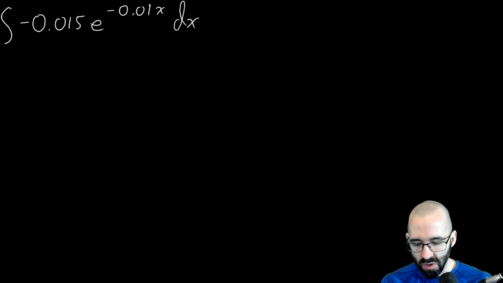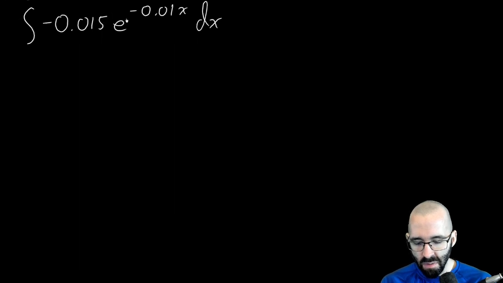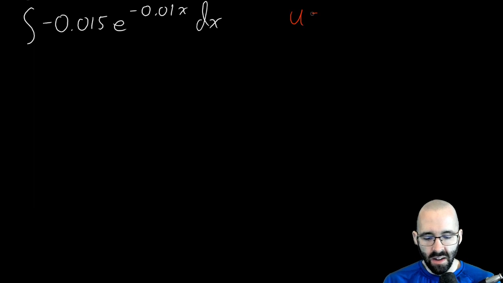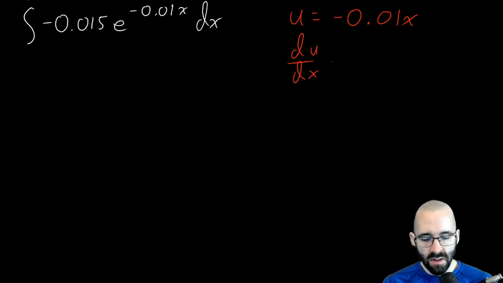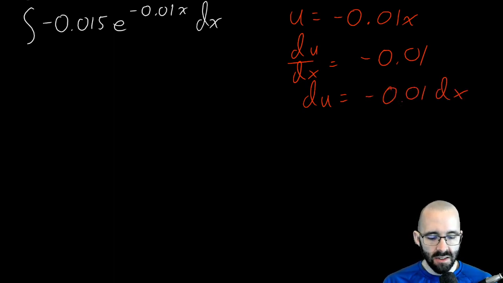I should have given myself more room. So with magic, I will. We want u to be that exponent, negative 0.01x, so its derivative is just negative 0.01. So the du we're looking for is negative 0.01 times dx.